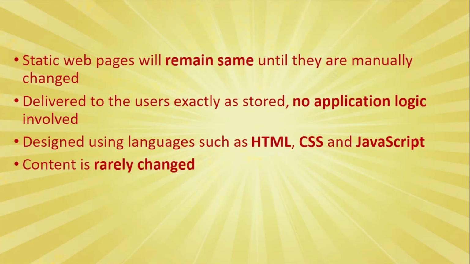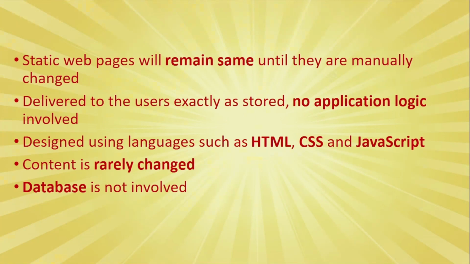Content is rarely changed. Look at our resume for example. We're not going to change our resume often, right? Compare your resume to an online shopping website like Amazon.com. Contents on that site change very often. Database is not involved.